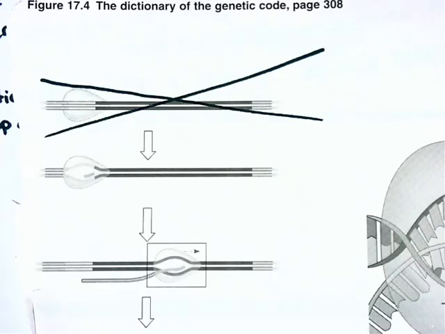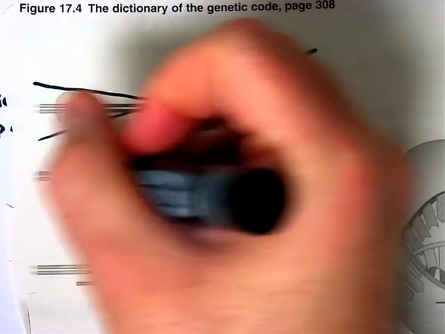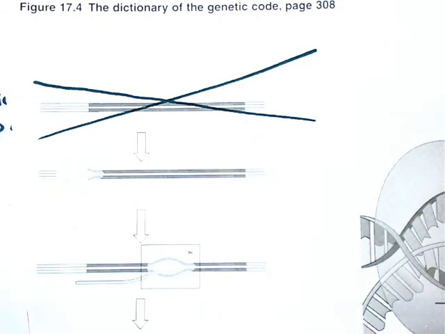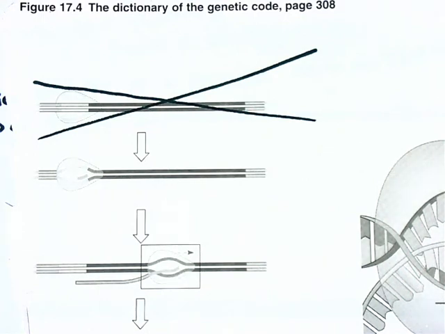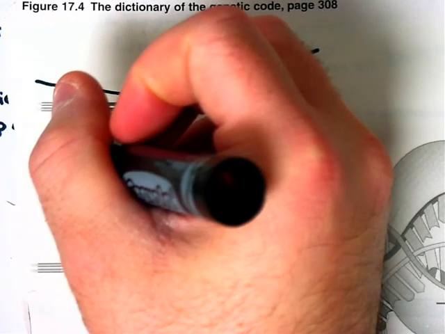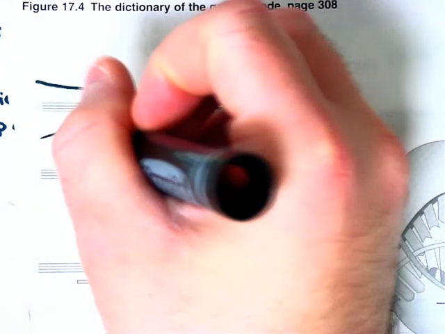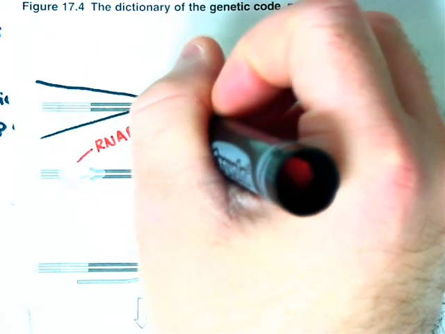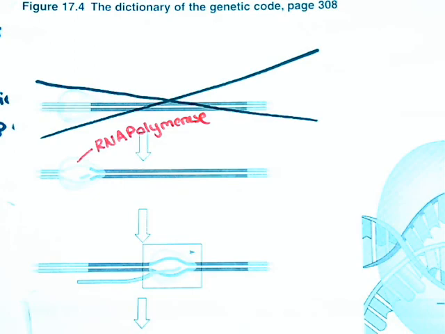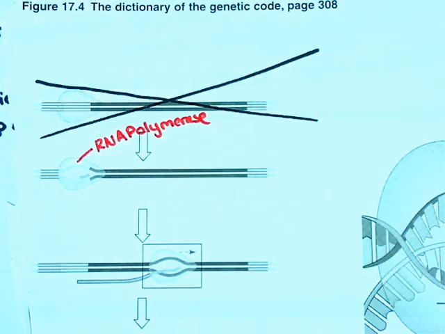So what I want to go over on this little drawing that's right here is, of course, you see your DNA strand, these two original pieces. Agreed? So what we have here is the binding of this enzyme, which, of course, is going to be RNA polymerase. Agreed?